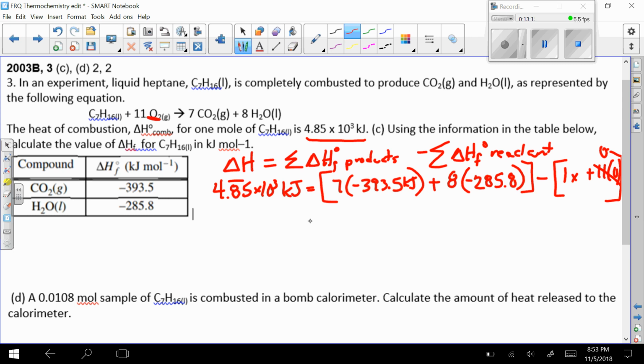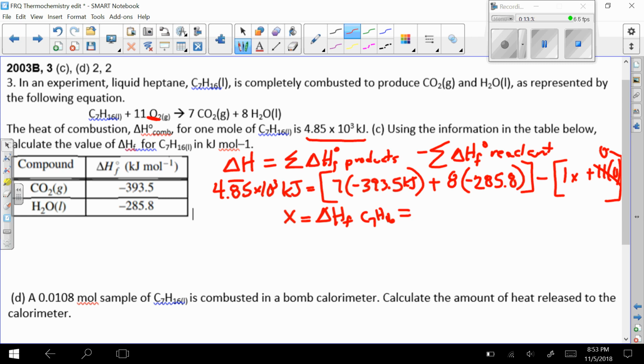Solve for x. When we solve for x, x is our heat of formation or enthalpy of formation of our heptane, C7H16.